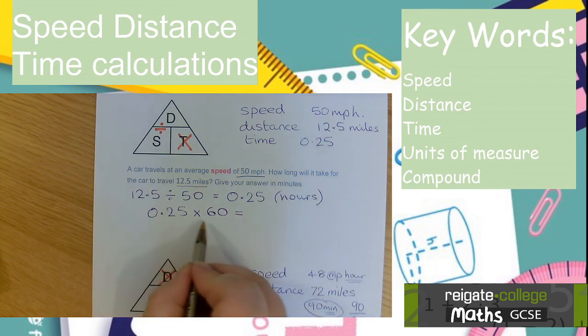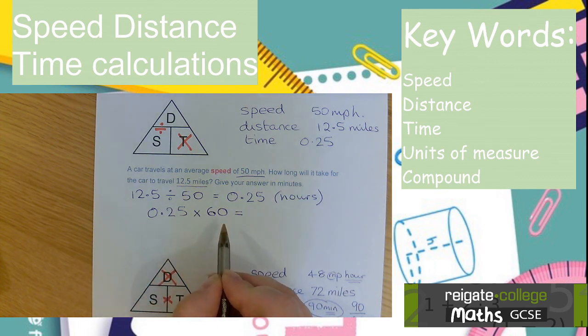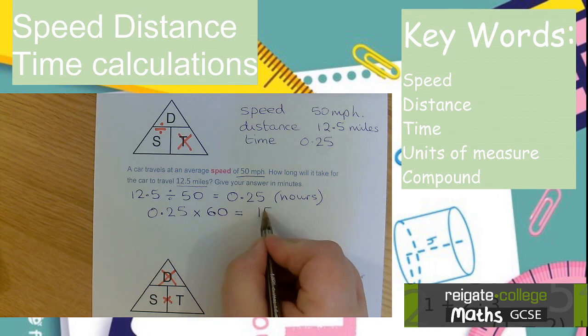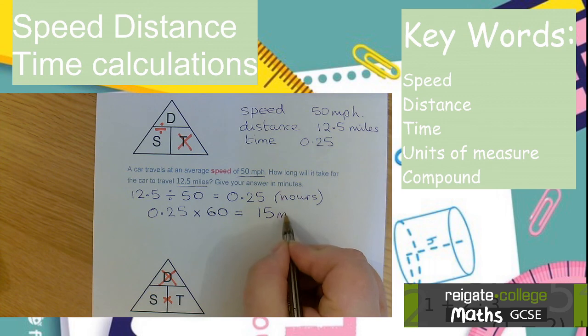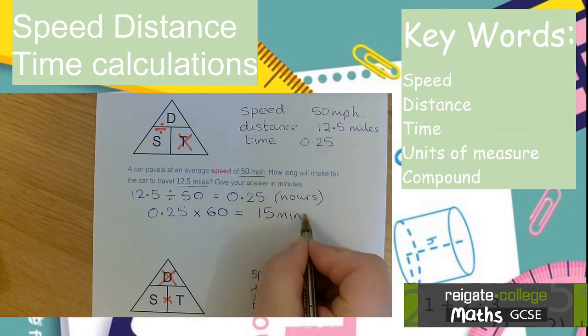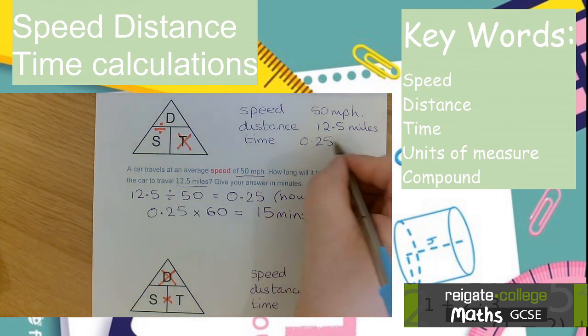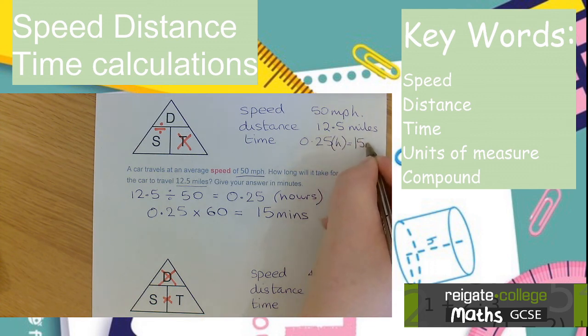By keying 0.25 multiplied by 60 into the calculator, we get an answer of 15. We now have the answer in minutes. So 0.25 hours is equal to 15 minutes.